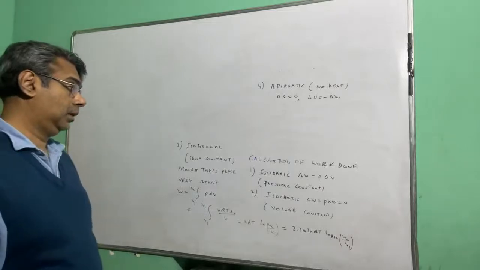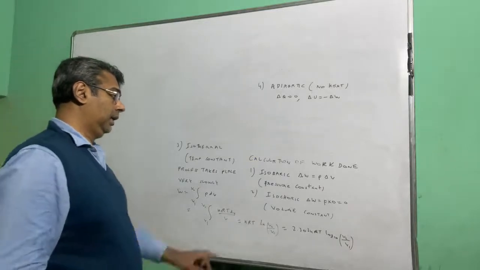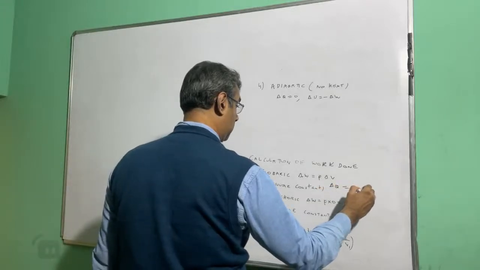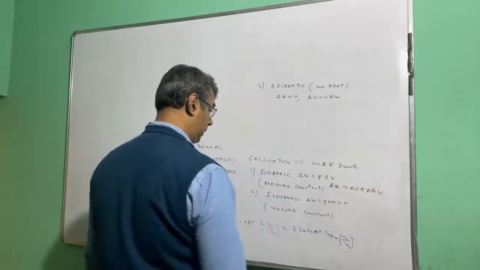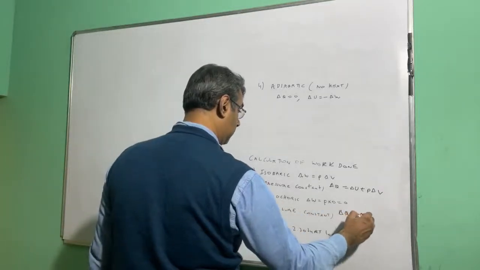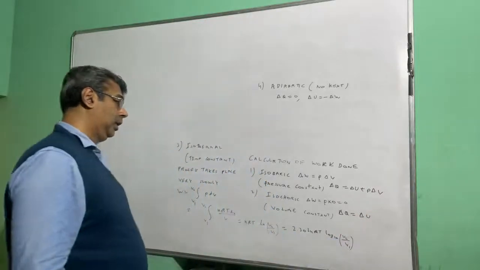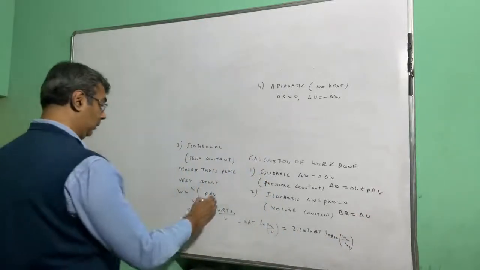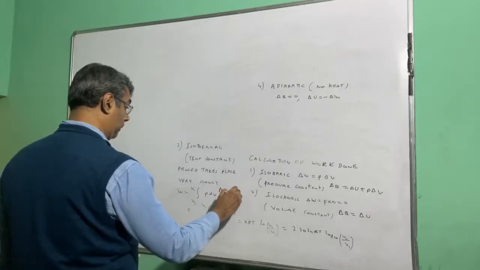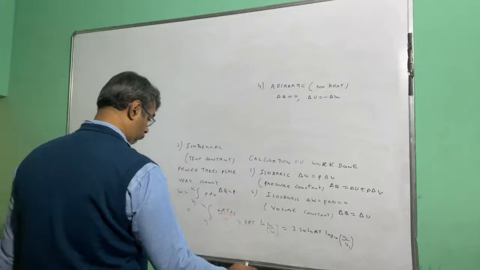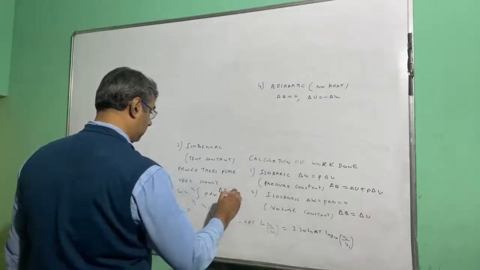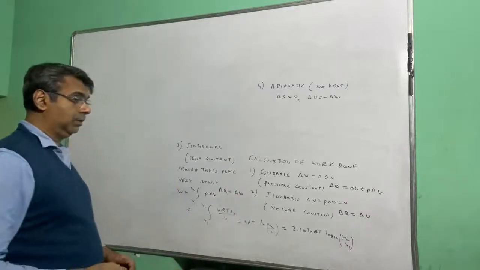By the way, when it is isobaric, delta Q will be delta U plus P delta V. When it is isochoric, then delta Q will be delta U. When it is isothermal, then delta Q will be equal to delta W. Now remember this, all of you.